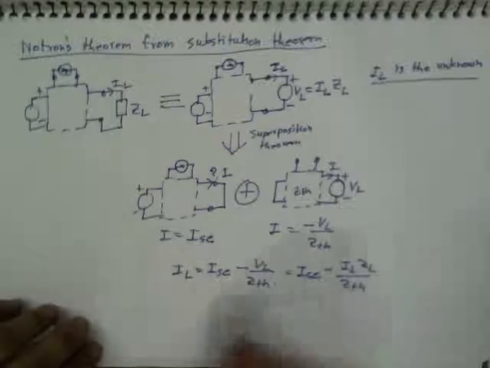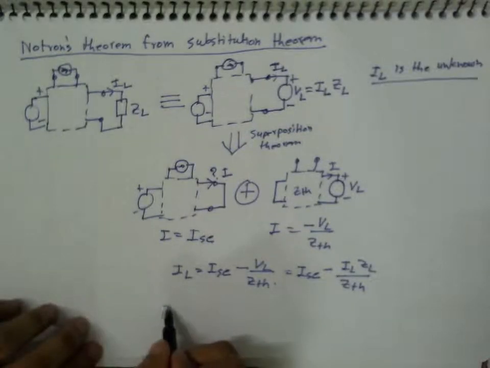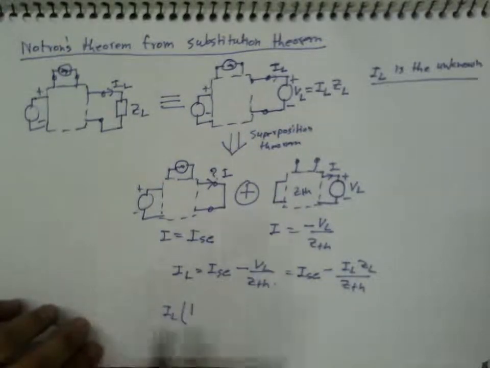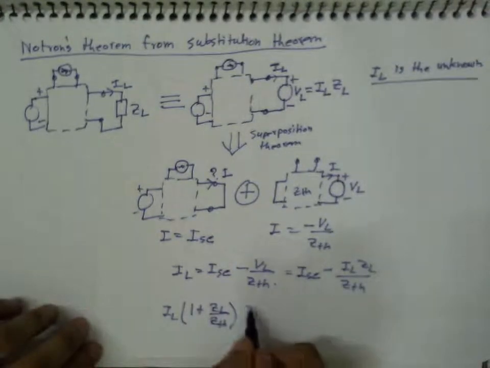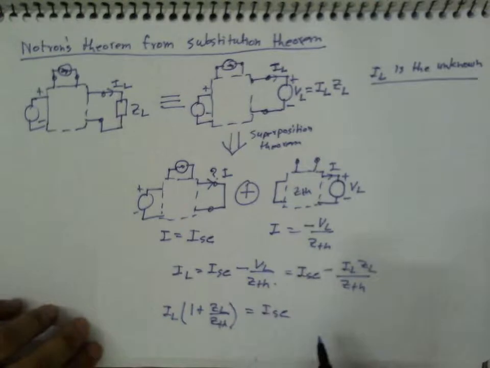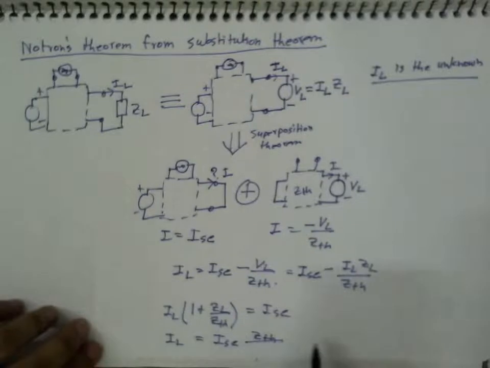So let me take IL on one side, so then I have IL times (1 plus ZL by ZTH) equal to ISC, which implies that IL is equal to ISC multiplied by ZTH and divided by ZL plus ZTH, right?